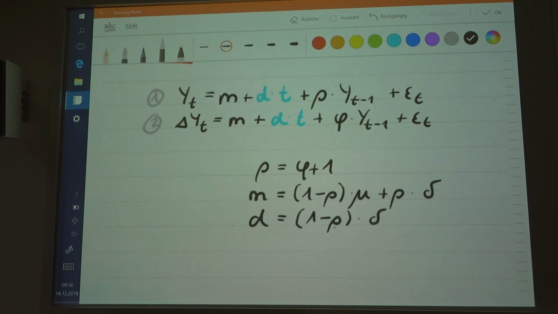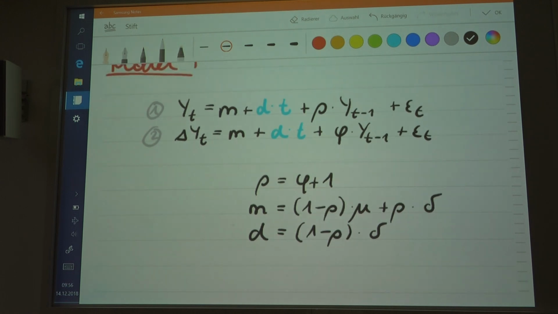We use these reparametrizations to make sure that if rho is equal to 1, then the constant m will be 0, and also the linear trend will be 0. You understand this? Please focus on rho. If rho is equal to 1, then m will be 0 and d will be 0, so there will be no linear trend and no constant here.